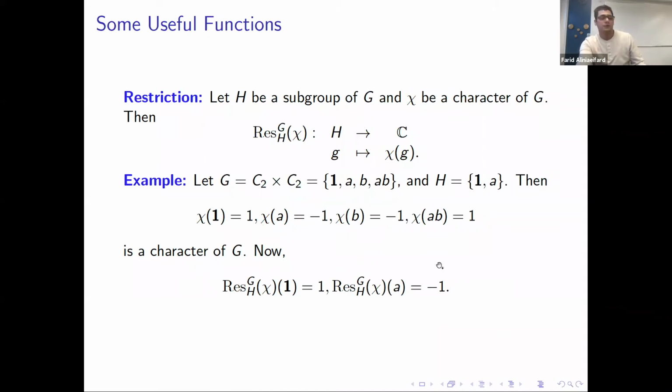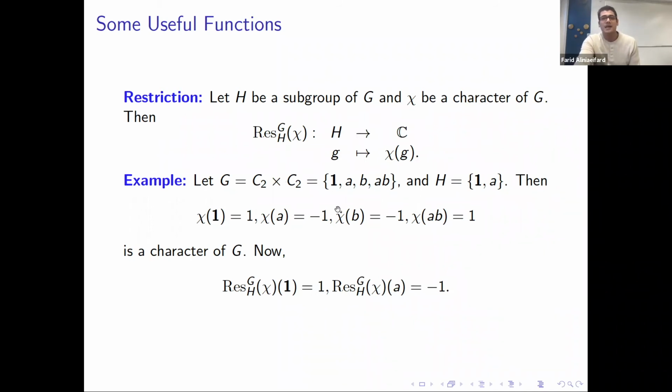Now we want to talk about restriction. The restriction functor, or let me say function, is exactly the same as restriction to some subset as we work with functions. So if I have H a subgroup of G and a character chi of G, then the restriction of the character over H maps g to chi of g. This is quite well defined and we should not be worried about anything.